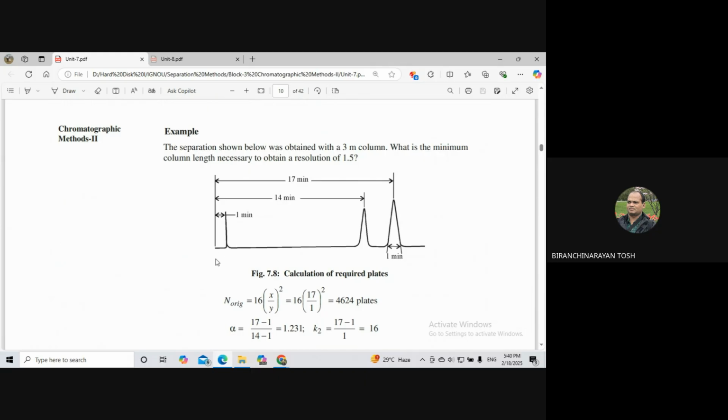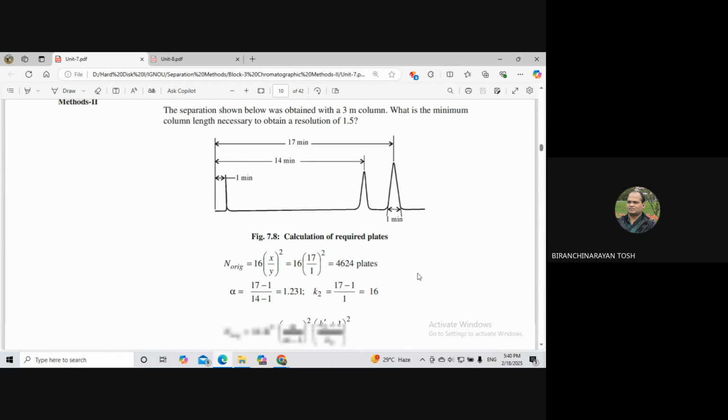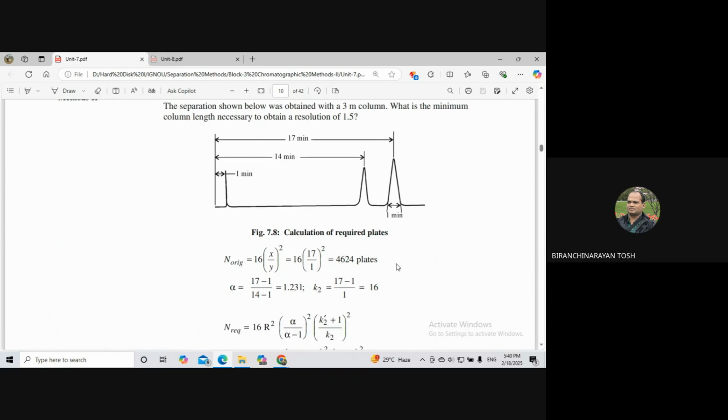So n original is equal to 16 x by y square, which is equal to 16 into 17 by 1 square, so 4624 plates are required.